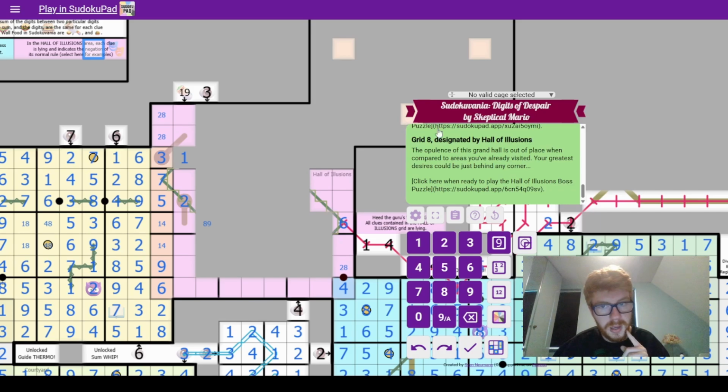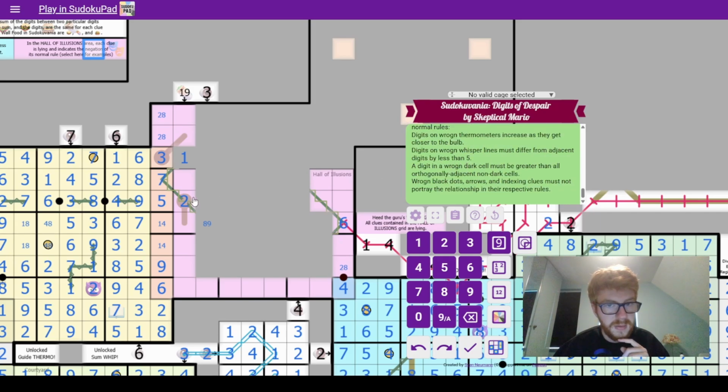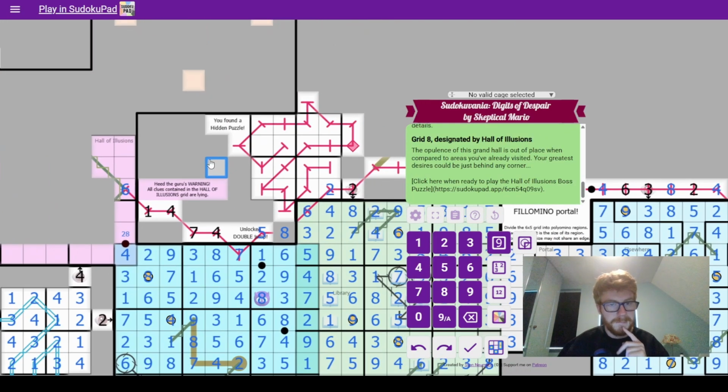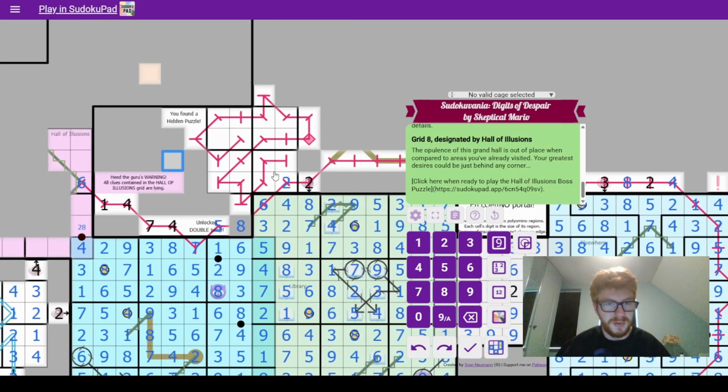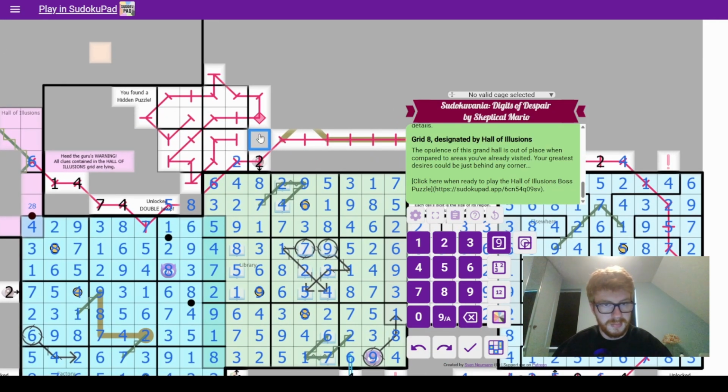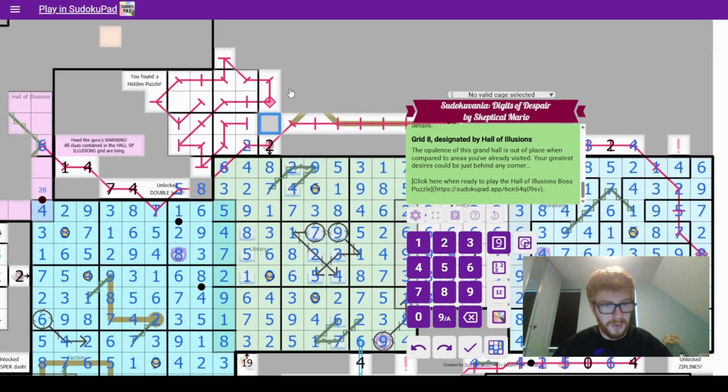Or is it 5 or less? Adjacent digits by less than 5. Okay, I will look at that later. I'm going to do this for now, I think.